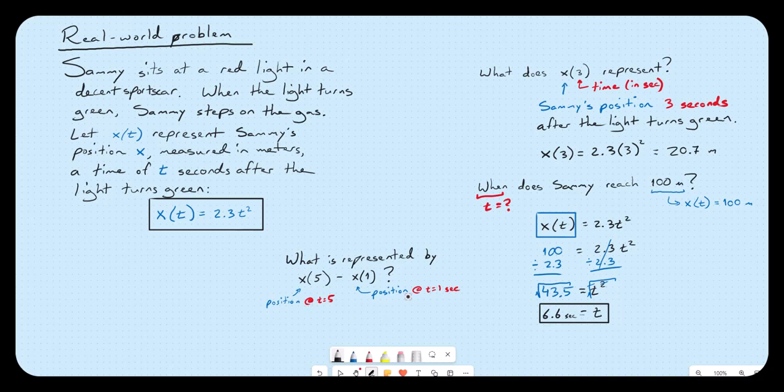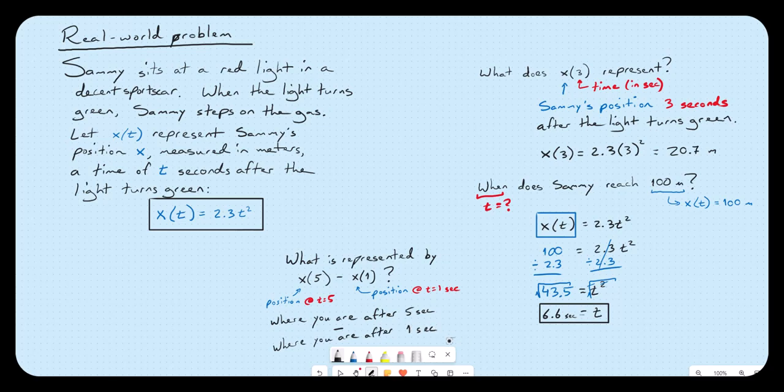So the difference between these is how far, right, the difference between these, this is where you are after 5 seconds minus where you are after 1 second.